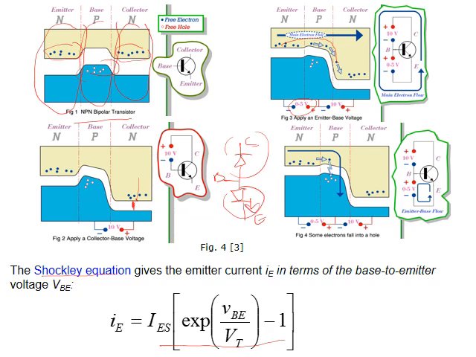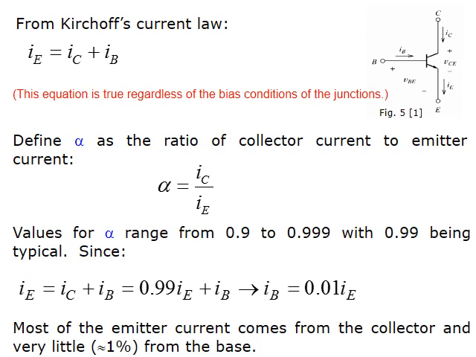The current flowing here can be represented by the Shockley equation, and I will call this IE and this is VBE. Now the highest current in the circuit is I emitter, which is the combination of I collector and I base, because here and here, according to Kirchhoff's current law, they are combined. And the difference between I collector and I emitter is the I base.